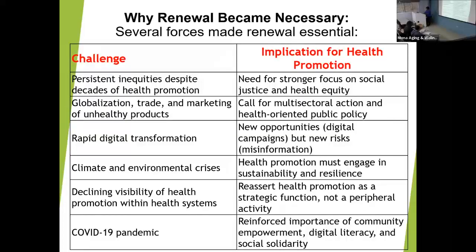There's another challenge: the rapid digital transformation, which can present new opportunities, or it can also produce risk. You have access to the information highway, and everybody now is into their TikToking and their Instagramming and their Facebooking. You have no control over what is going out there into the atmosphere, what people have access to.